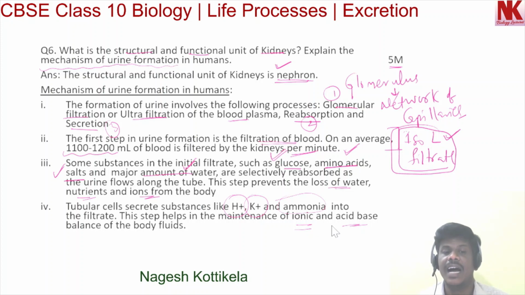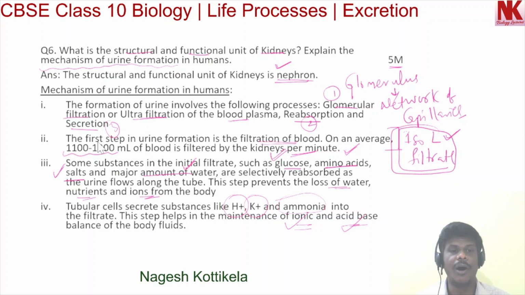Ionic balance is maintained as well as acid base balance is maintained in the body fluids because of this third step. So this is about the answer for question number 6. There are 3 steps. The first one is glomerular filtration or ultrafiltration. The second step is selective reabsorption, and the third step is tubular secretion.